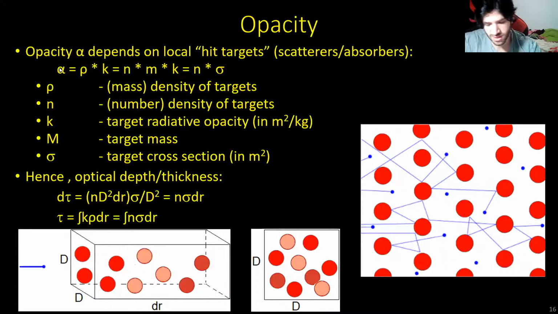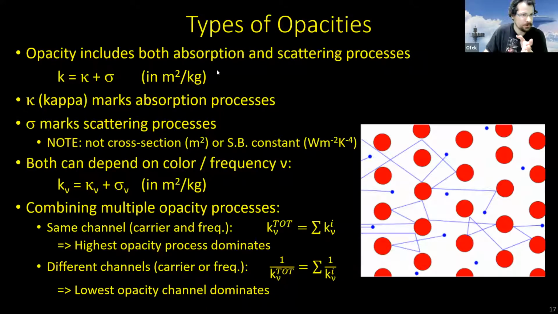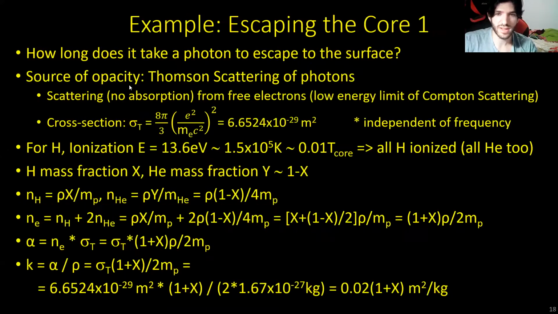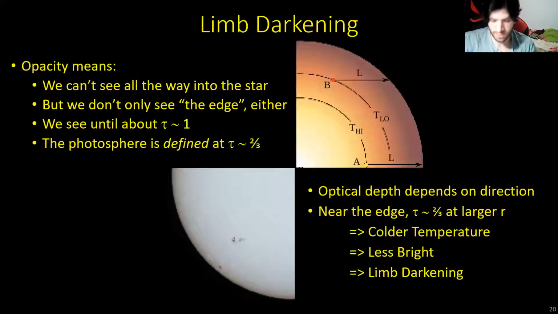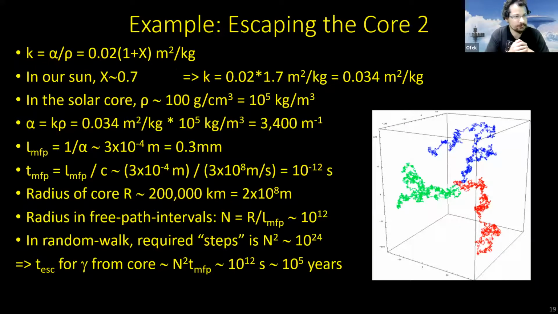When you write alpha equals n sigma, mind the units: n is 1 over meter cubed, it's number density per volume. Alpha is 1 over meter. So this sigma has units of meter squared, it's cross section. And it can be the cross section of any process, scattering or absorption. Okay, so it's a general cross section, not the scattering specific cross section. Exactly. Okay, that's what got me. Thank you.